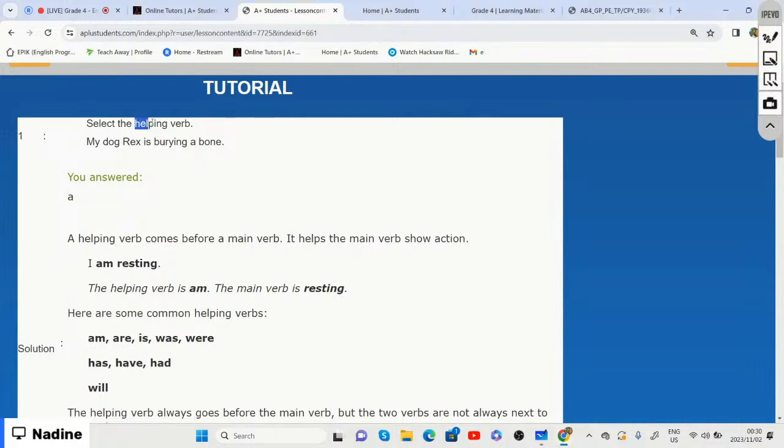What is the helping verb within the sentence? Or we can first identify the main verb. What is the main verb? What is the dog doing? The main verb shows the action that the dog is doing.